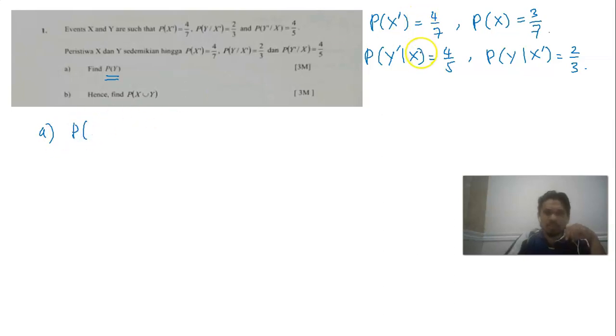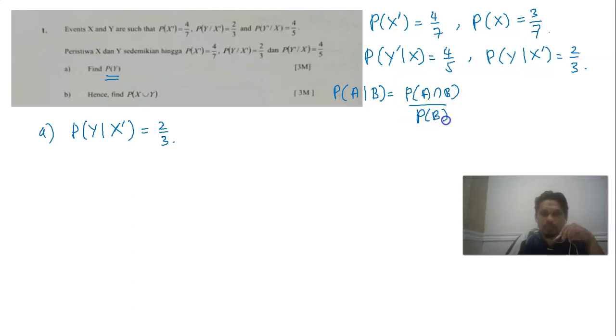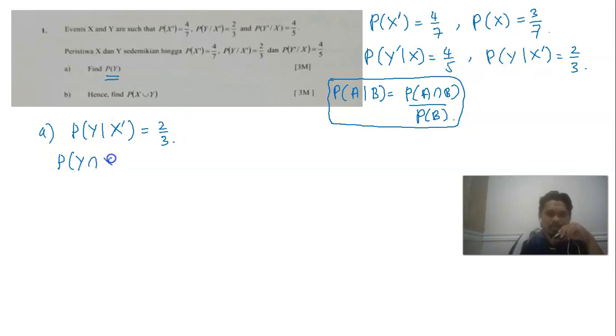We're going to use the information that is given here. Firstly, probability of Y given X complement equals 2/3. As we know, probability of A given B equals probability of A intersect B divided by probability of B. This is the general formula for this case. So it is probability of Y intersect X complement divided by probability of X complement equals 2/3.